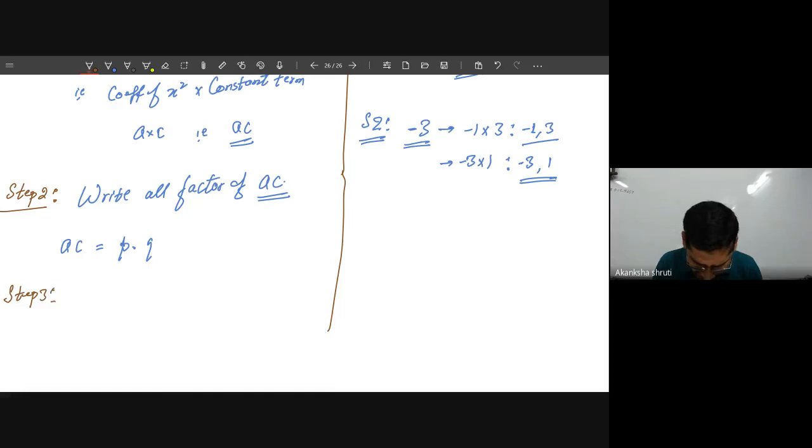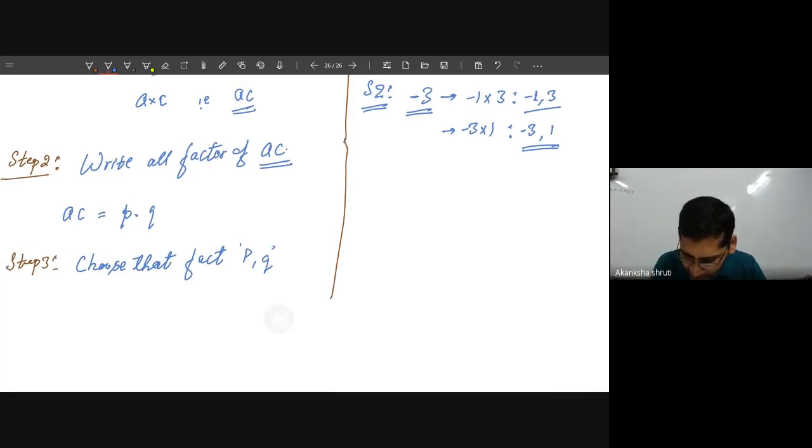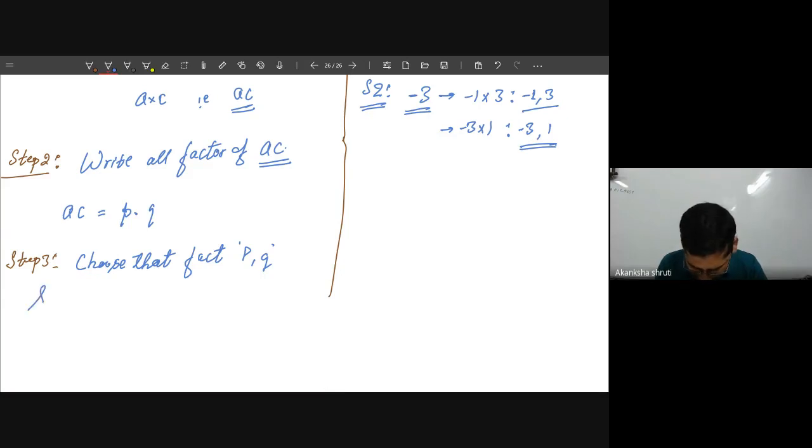Step number 3 tells that choose that factor, that is P and Q. These are the two factors we are choosing, such that, or P and R, let me write this, P and R rather than Q. Let me write this as P, one factor as P, another as R. P into R, Q into R, means QR.